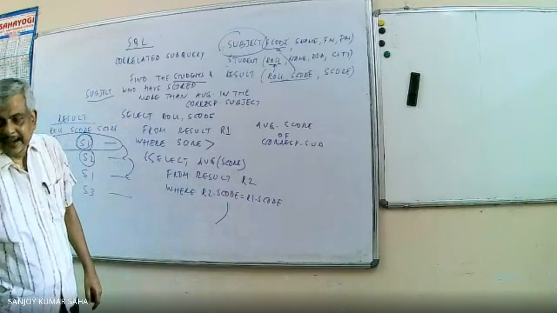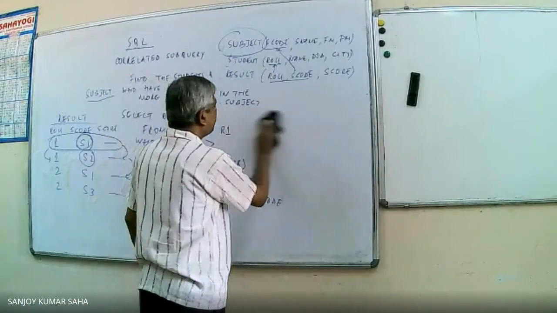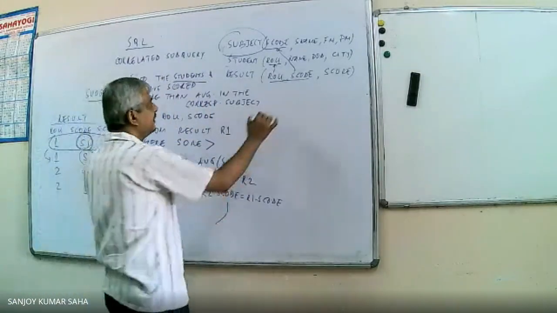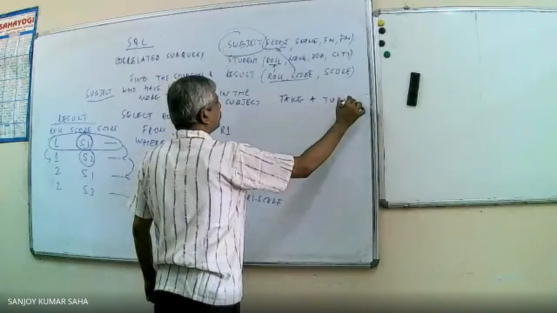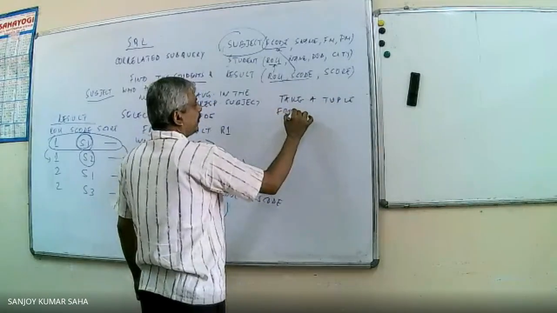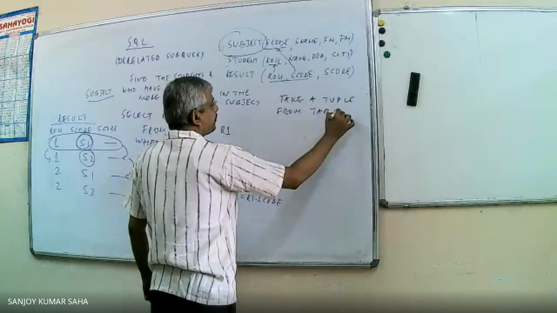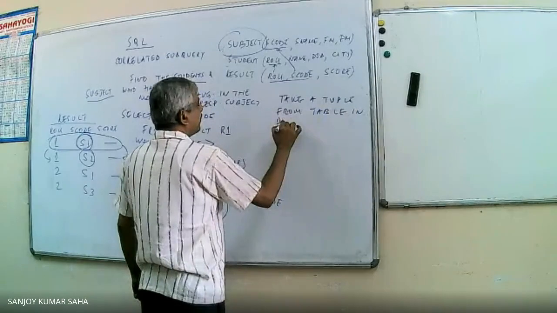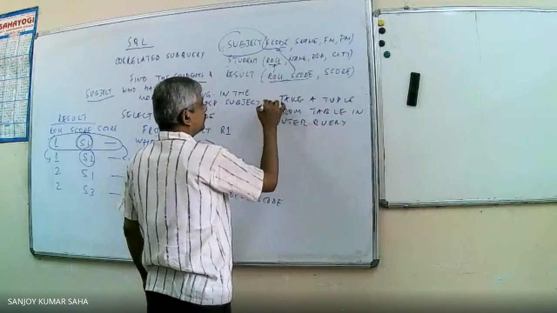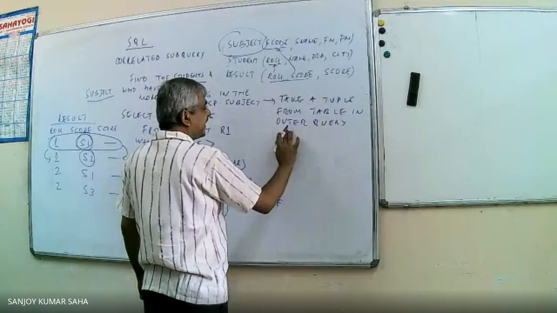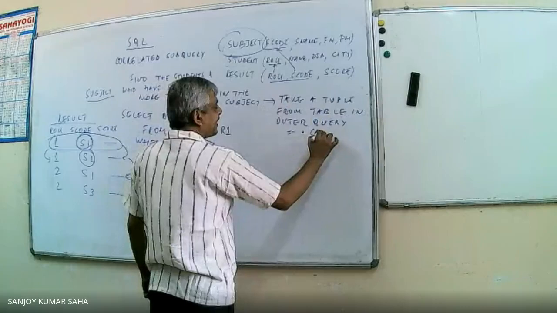So the mechanism is like this. Take a table from the outer query. This we will say is our candidate table.